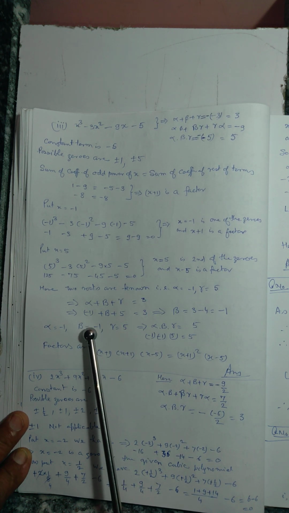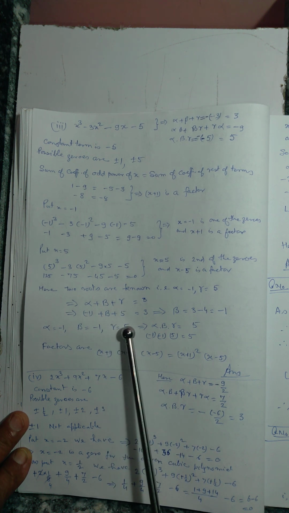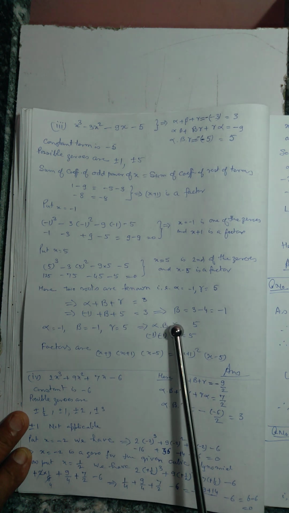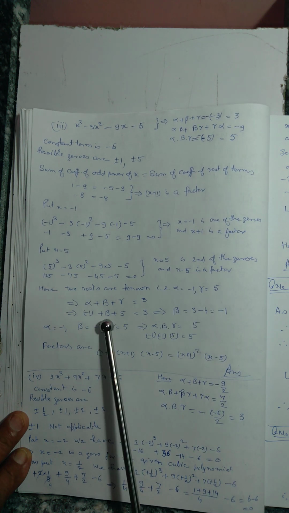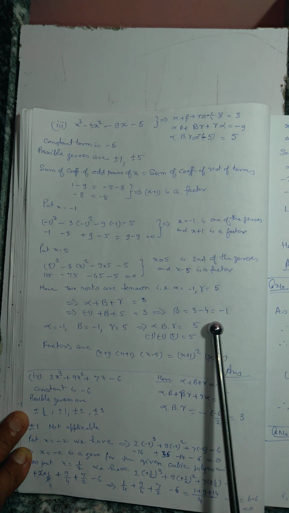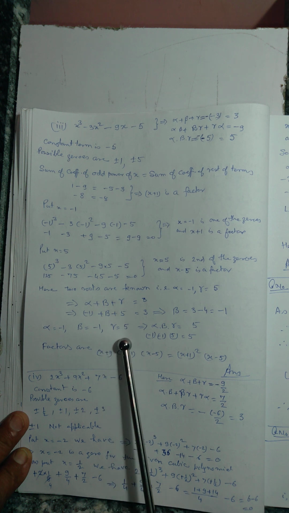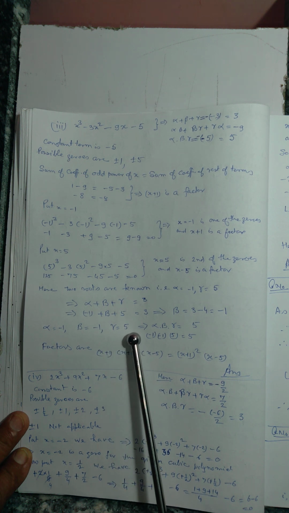Alpha you know minus 1. Let gamma is equal to 5, we have to find the beta. That is beta will be equal to 3 minus 4, that is minus 1. So alpha is equal to minus 1, beta is equal to minus 1, gamma is equal to 5.